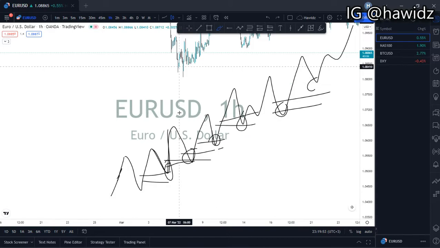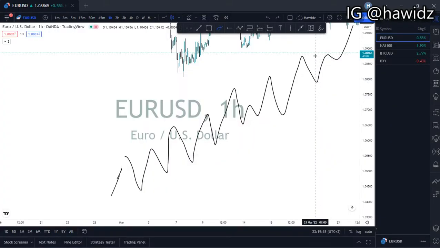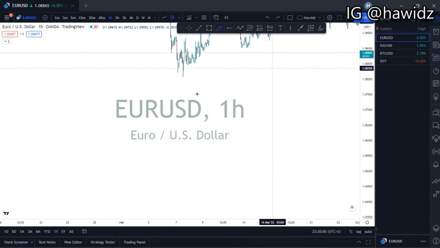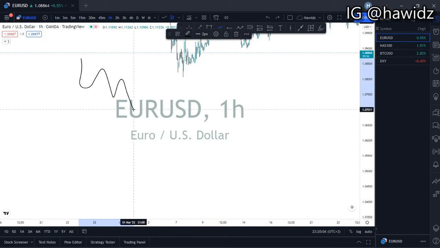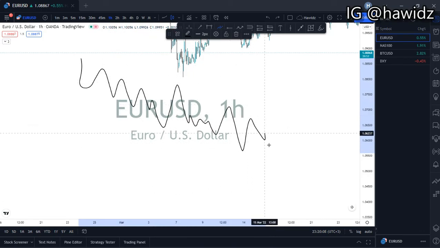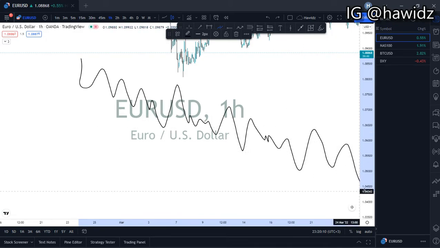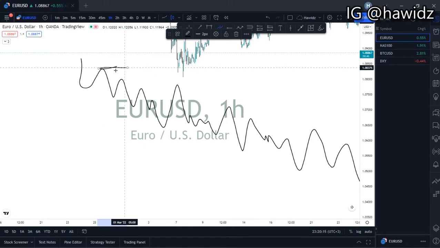And in the case of supply zones, when we have a downtrend pushing like this, right, we have a downtrend going like this, so we're simply going to be looking for areas to sell from, right?